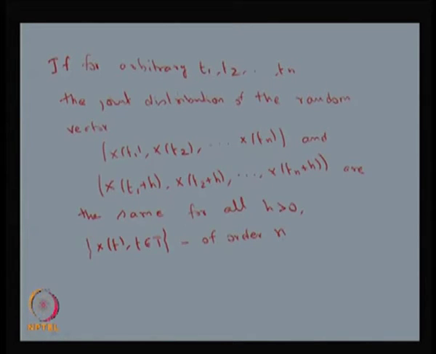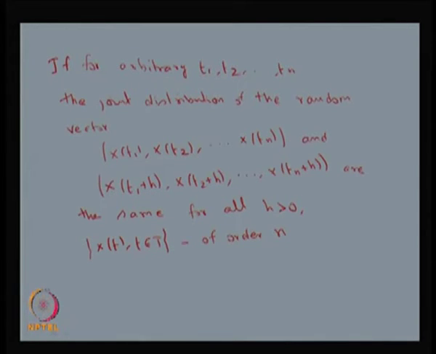So, we take n random variables at the points t1, t2 and tn and find the joint distribution of x of t1, x of t2 and x of tn. Also, you find the joint distribution of n random variables shifted by h. That means earlier the random variable was x of t1, now you have x of t1 plus h.